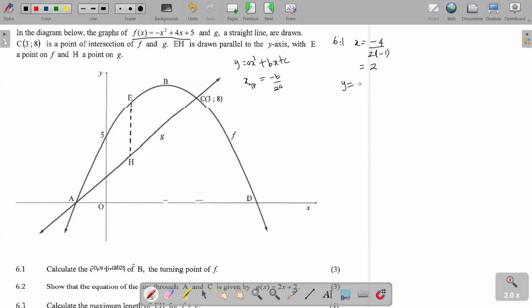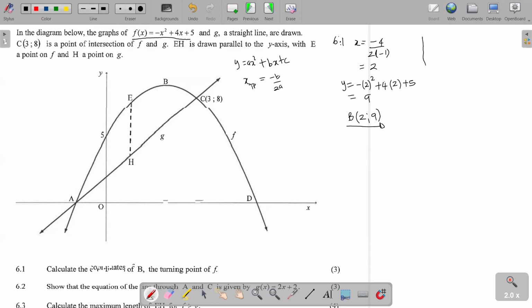So y will be equal to negative 2 squared plus 4 times 2 plus 5. The final answer, if you trust your calculator, is 9. So (2; 9) are the coordinates of B, which is the turning point there.